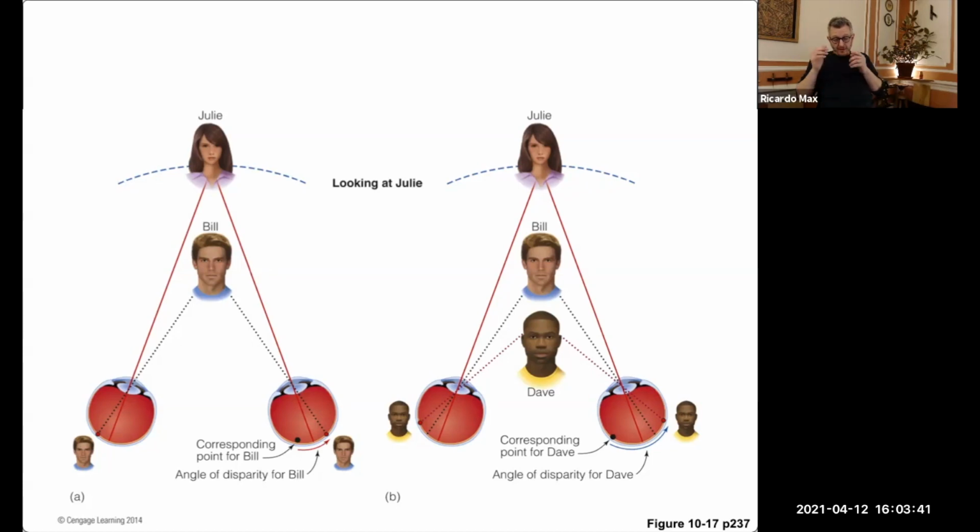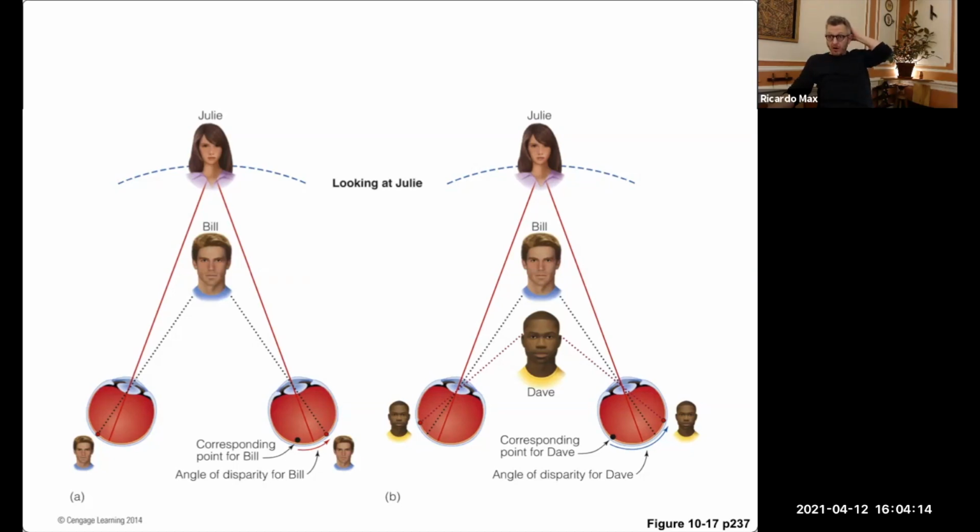When you're moving, their displacement on the retina is different. The further away, the smaller the displacement. So for non-moving objects, we use a parallel calculation by using the difference of the objects in the two retinas. And this is binocular disparity.